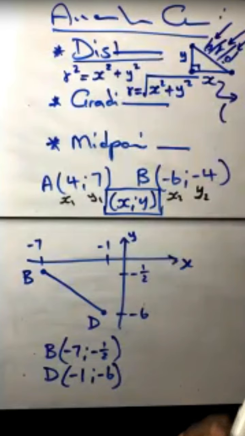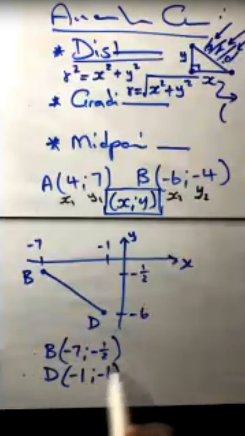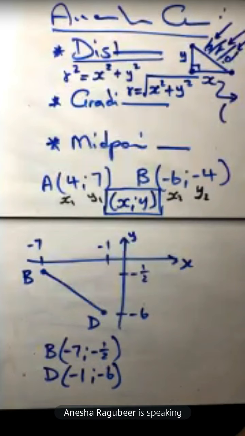And for D, it will be -1 as our x value and -6 as our y value. What about for B, sir? -7 is our x value and -1/2 is our y value.